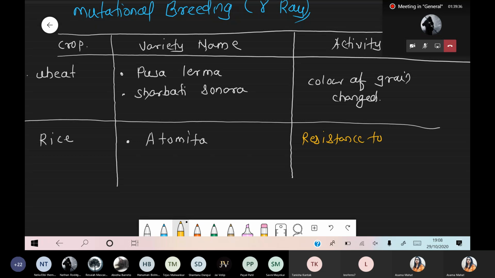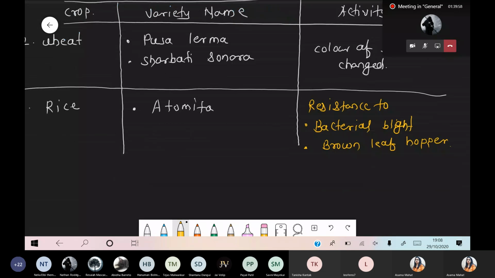These are the resistance to, first point, bacterial blight, and the another one, resistance to brown leaf hopper. No question has been asked on the rice variety yet, so don't worry, it's for your school examination.